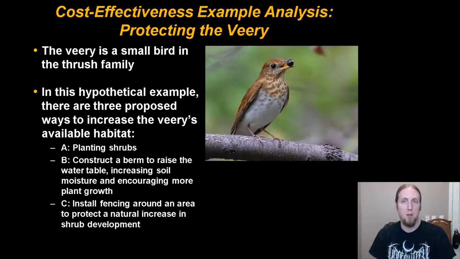And consequently, they would have more habitat there as well. And then the third would be to install fencing around the area, which is going to protect the existing vegetation from other predators or other animal species that would eat it and reduce its availability for the veery.